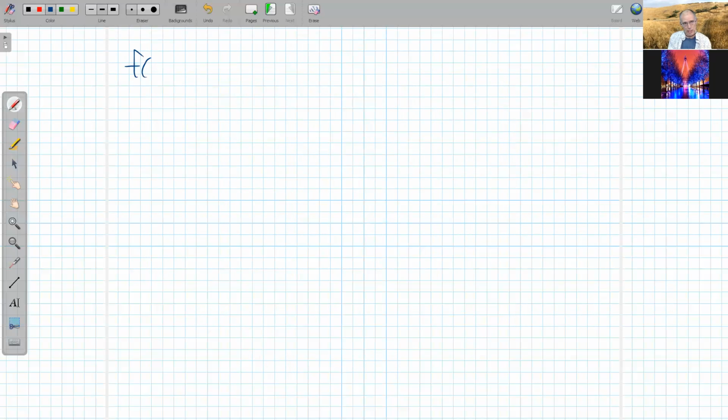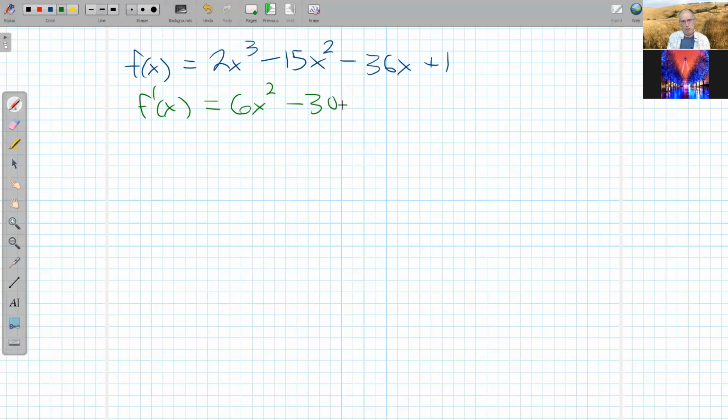So again, we started with f of x equals 2x cubed minus 15x squared minus 36x plus 1. We found the derivative function, f prime of x, the slope function, was 6x squared minus 30x minus 36.